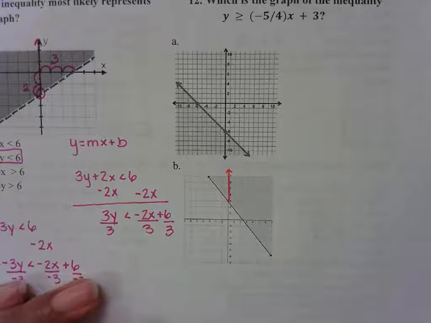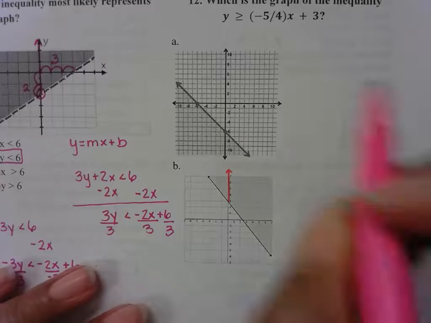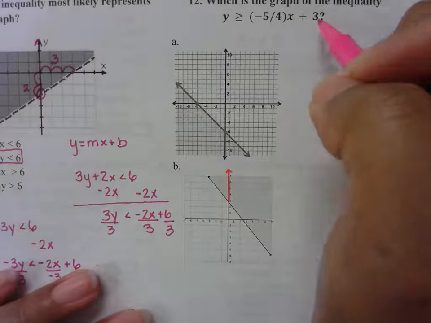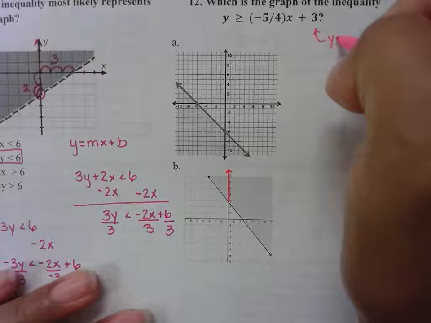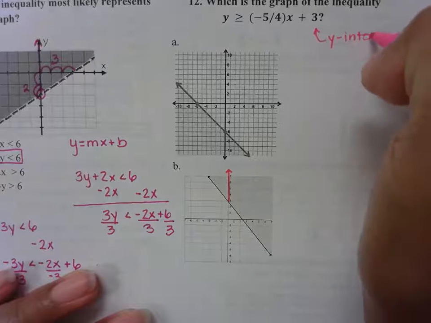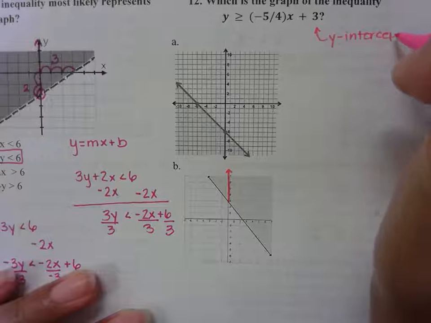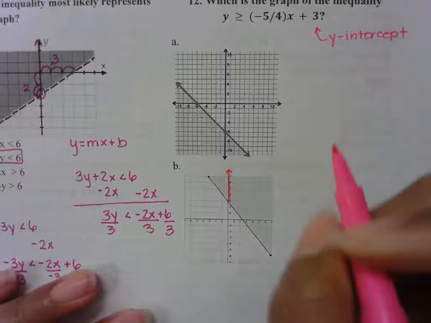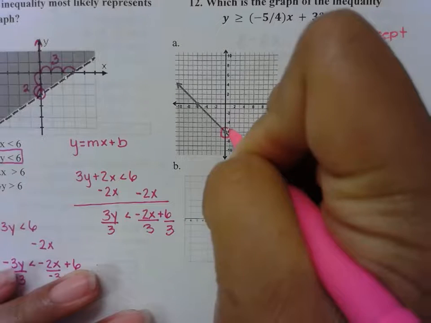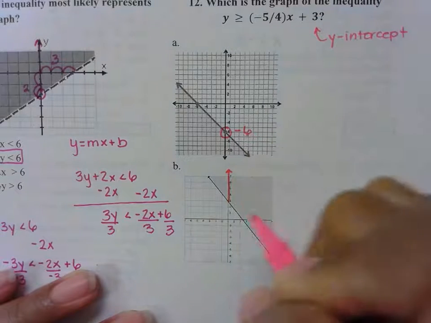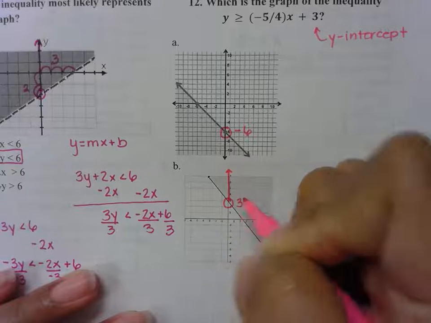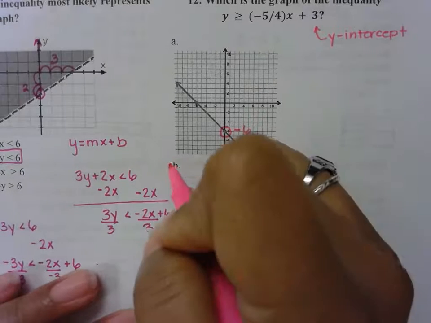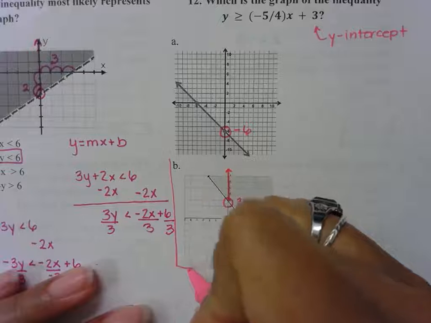If we wanted to go a step further, we see that the y-intercept is 3. This graph has a y-intercept of negative 6, and this graph has a y-intercept of positive 3. So the correct answer is B.